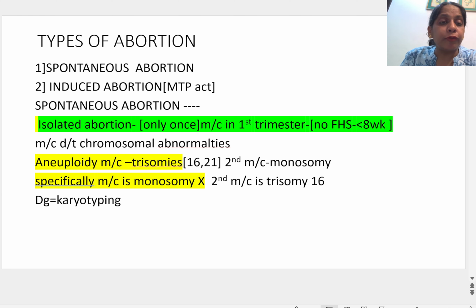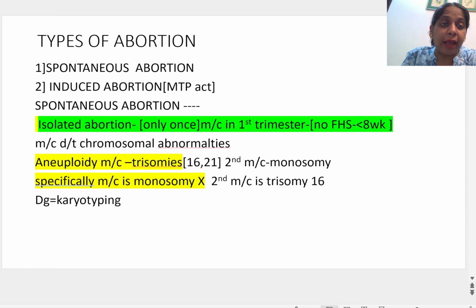Out of all trisomies, trisomy 16 is the most common. Another common aneuploidy is monosomy, and out of all monosomies, monosomy X or Turner syndrome is the most common.